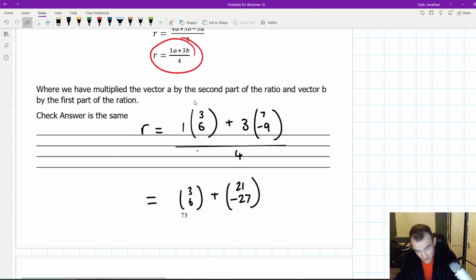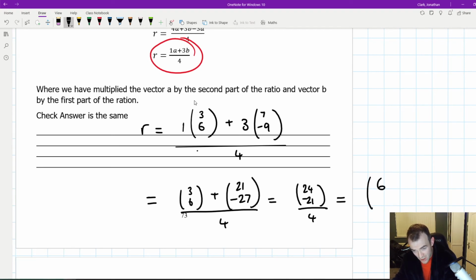And we're going to divide that by 4 in just a moment. 3 plus 21 is 24. 6 take away 27 is minus 21. Divide both of those numbers by 4. And we're going to get 6 on the top and minus 5.25 on the bottom. Okay, yeah, cool. Same thing again.